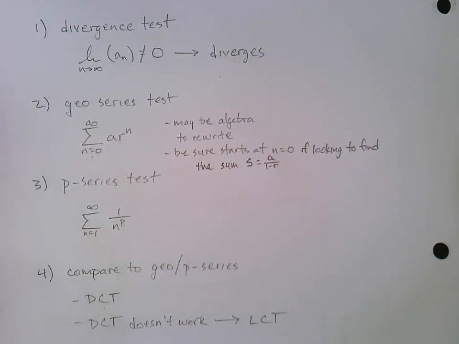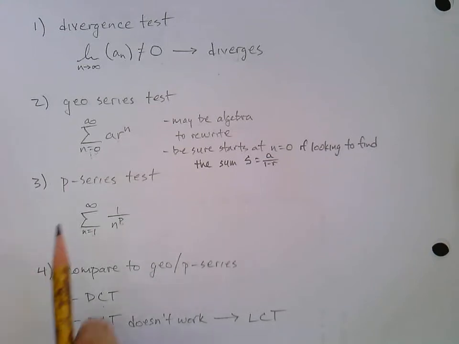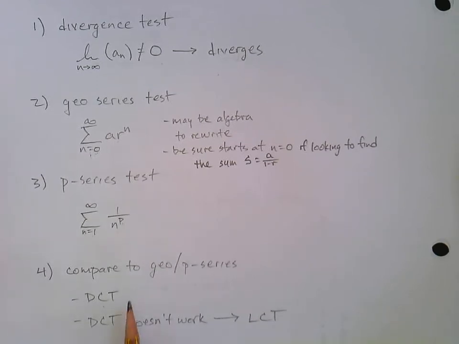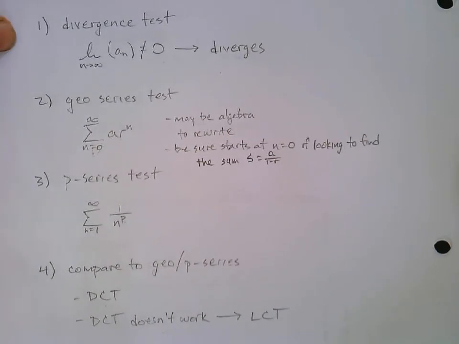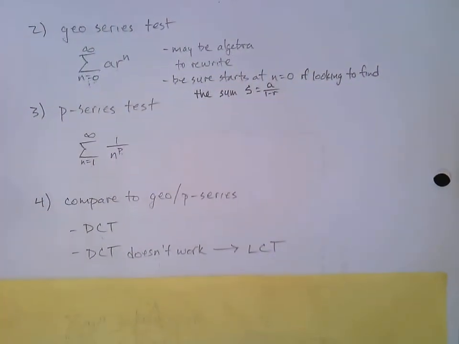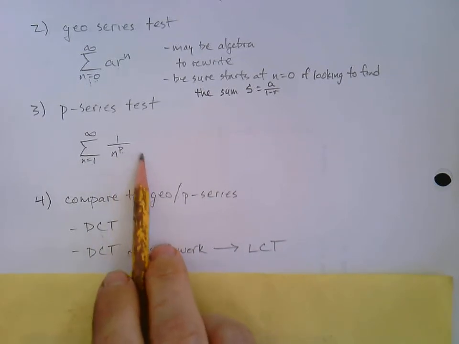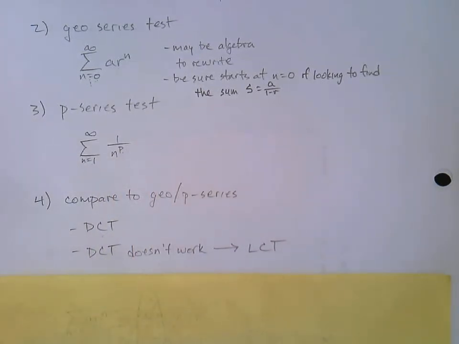So maybe you can tell right away that that's a P-series. What if you have something that is close to a geo series or close to a P-series? Then you might want to use a comparison test. Maybe you compare to a geo or a P-series. And so you think, oh, this would be a geometric series if only that one element wasn't there. Or, oh, this would be a P-series if only we weren't adding something in the denominator. You say it's so close. Okay, then compare it to that geometric or P-series with a direct comparison test.